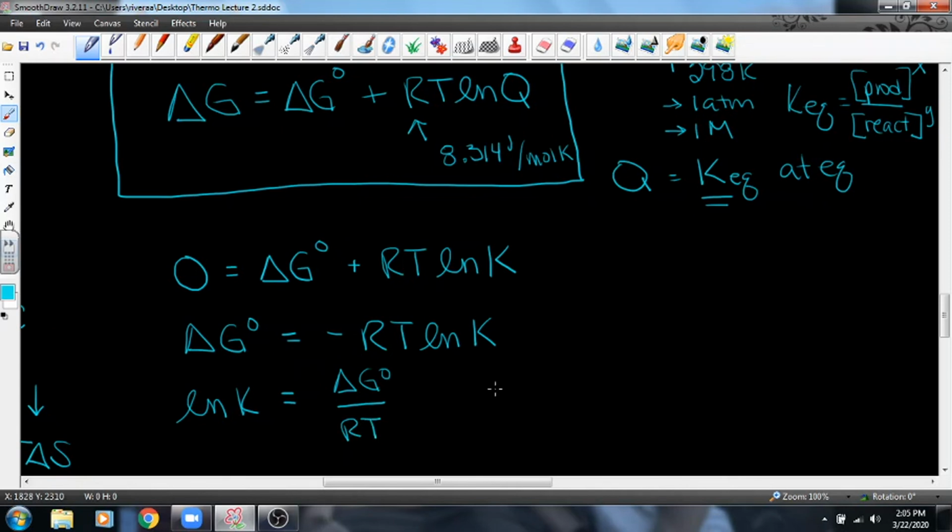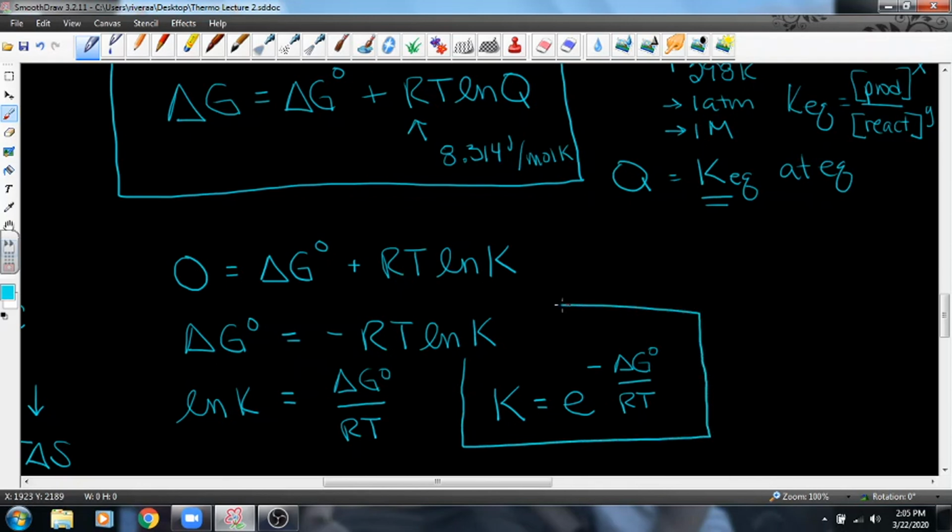And if I want to solve for K, remember I'm just going to anti-log that. So K, or anti-natural log, I should say, my bad, which is e, to the negative delta G naught over RT. And you're like, why do I care? Well, you should care because it's another way to solve for your equilibrium constant, K eq.